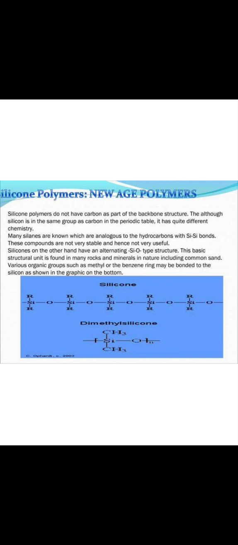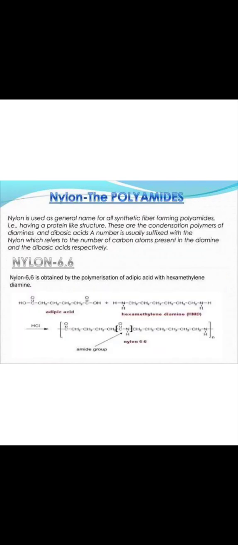Next, the next important thermosetting plastic we are going to study is nylons. Nylons are a very important kind of polymer, which we also call polyamides. Nylons are categorized into three types depending on the number of carbon atoms.